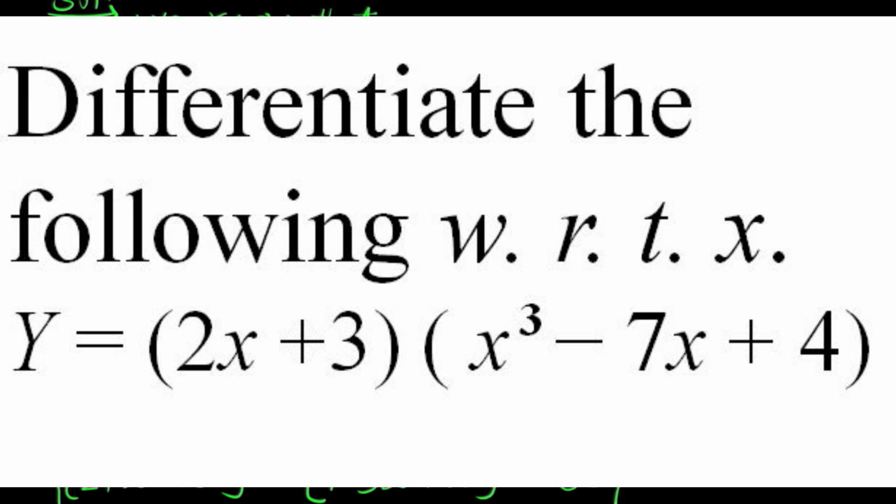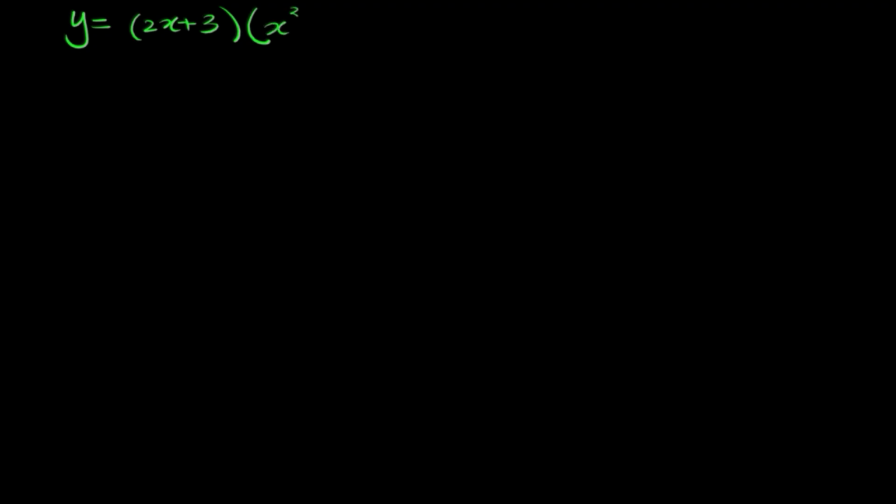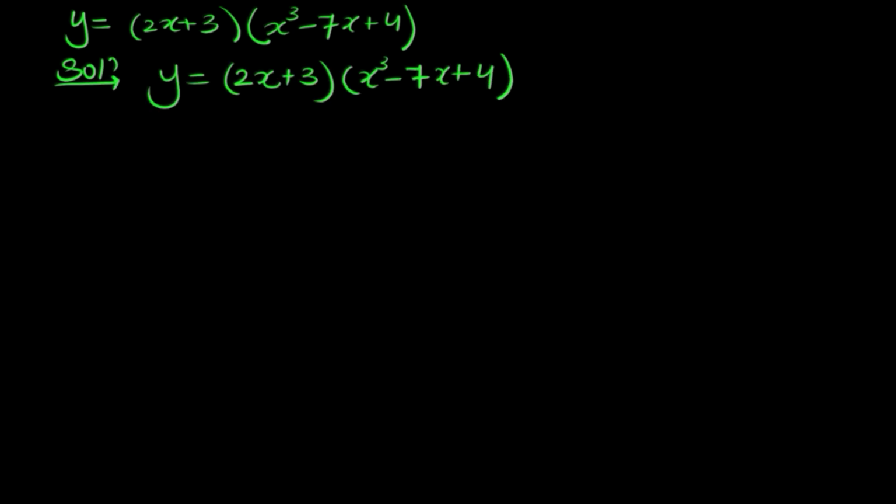Question 5. Next question is: differentiate the following with respect to x. y is equal to (2x plus 3) bracket (x cube minus 7x plus 4) bracket close. Solution. First we solve the brackets. First bracket multiply the second bracket.